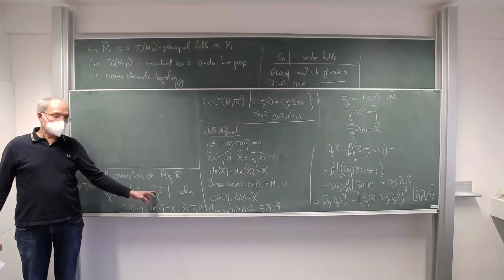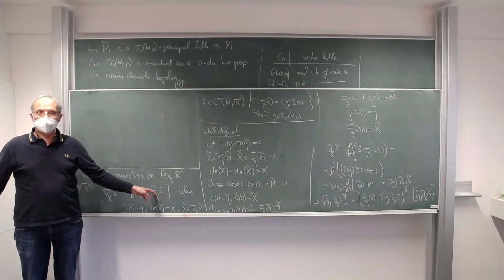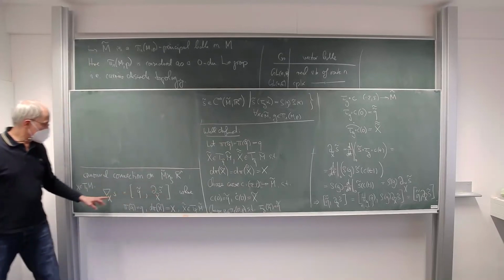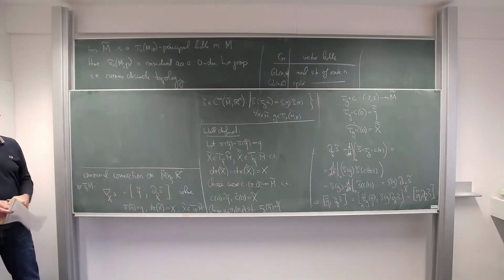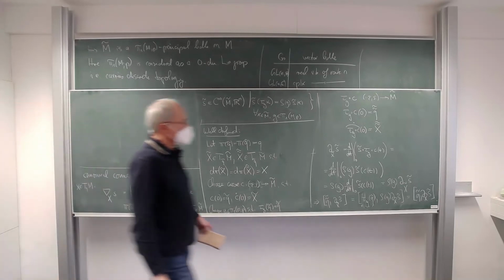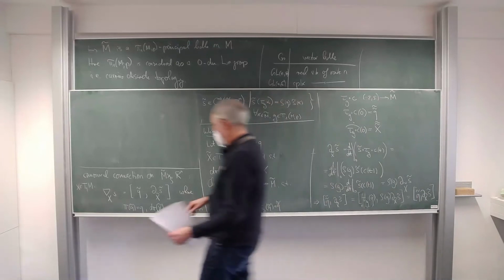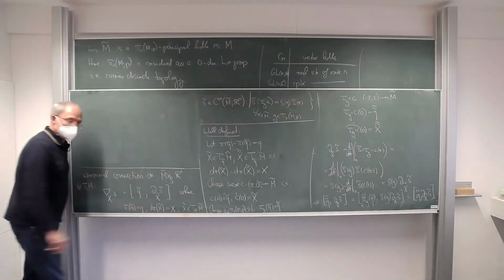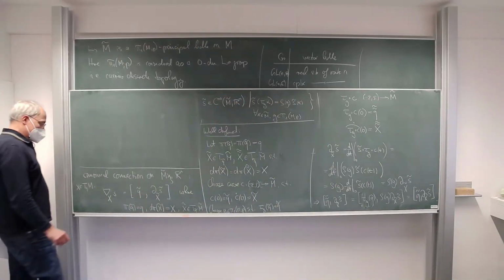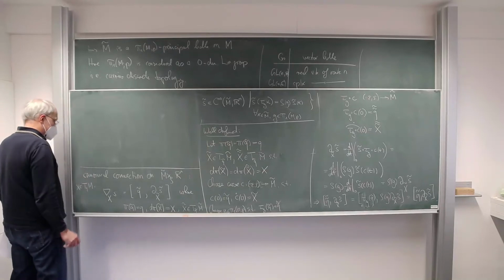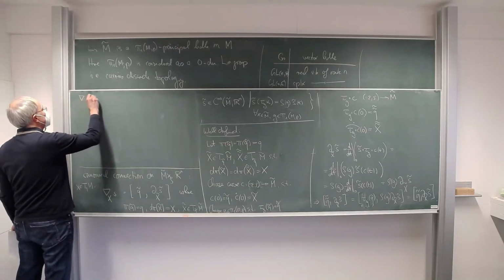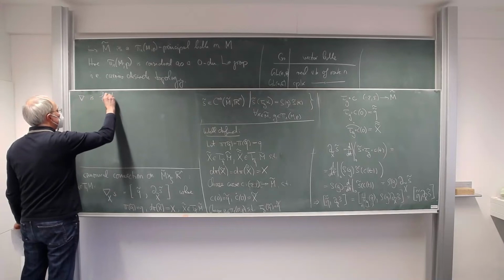So the curvature of this usual derivative of functions is 0. And therefore the curvature of that is 0. So it's flat. By construction, since locally it's given by the usual derivative of functions, it's flat. So this canonical connection is flat.